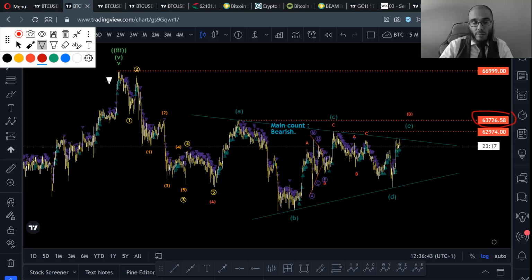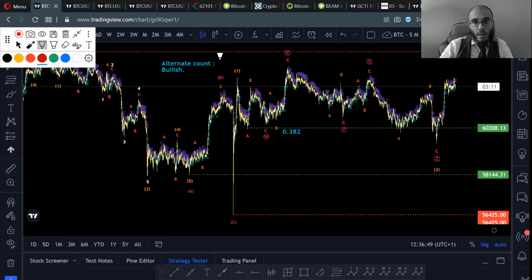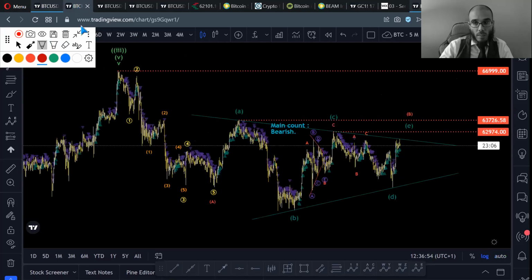As soon as that breaks, the main count gets invalidated, and then I will switch over to my alternate bullish count. That will then become my main count. Okay, that's it. I was very brief. I don't want to be too long. I'm tracking it and seeing what happens if wave E exceeds wave C, and then I'll inform my private Telegram group clients of my new outlook.